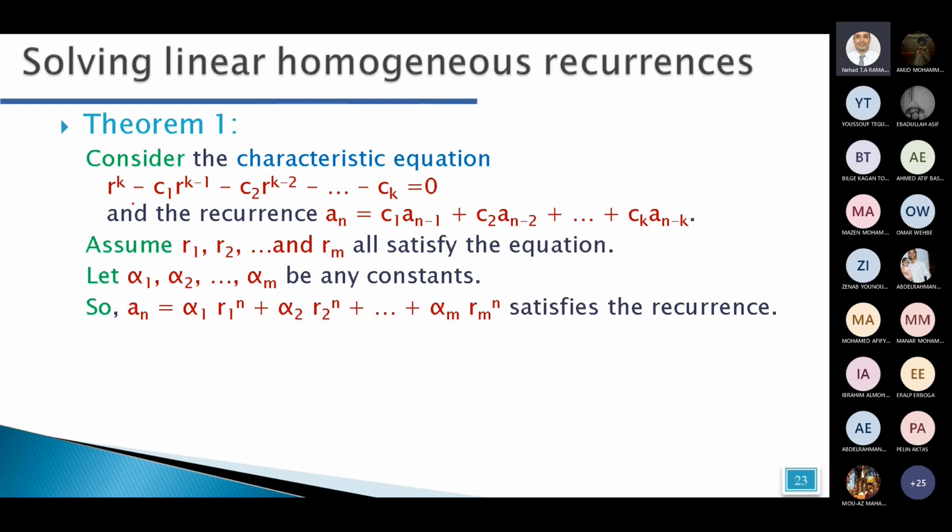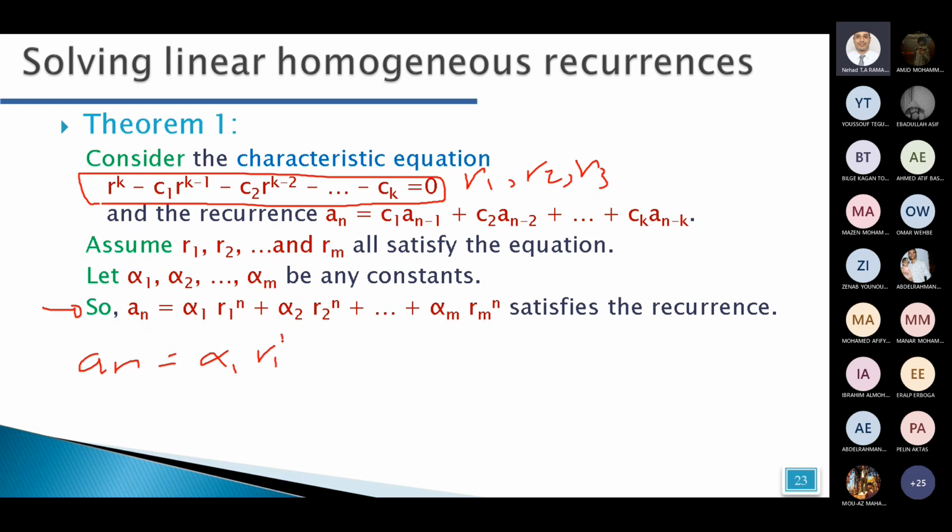If you have three solutions for this characteristic equation, for example r1, r2, r3, then the solution for the recurrence relation a_n is equal to alpha 1 r1 power n plus alpha 2 r2 power n plus alpha 3 r3 power n.